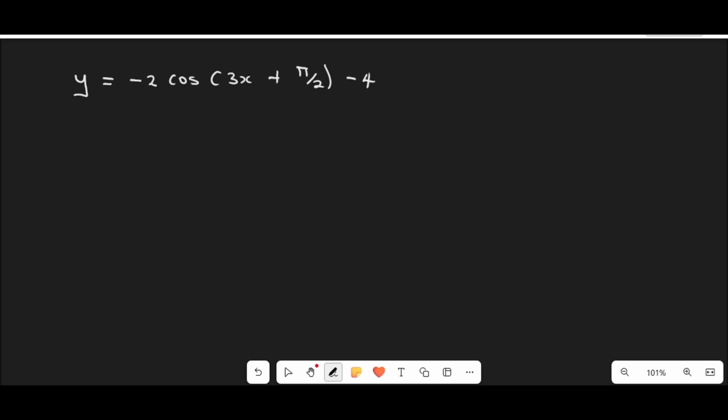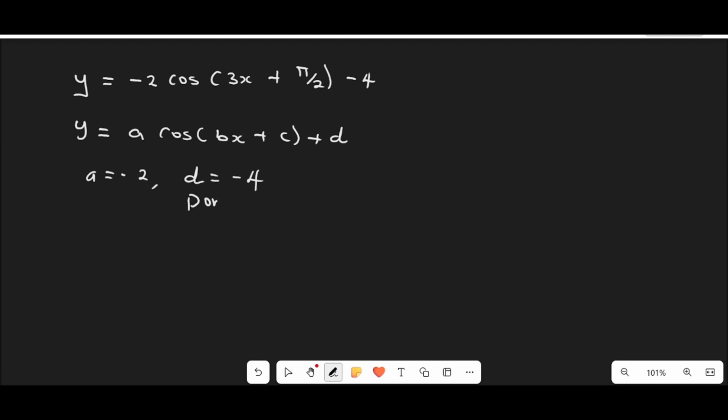Our general cosine function is y equal to a cos(bx plus c) plus d. If we compare these two functions together, our a is minus 2, our d is minus 4. A equal to minus 2, d equal to minus 4.